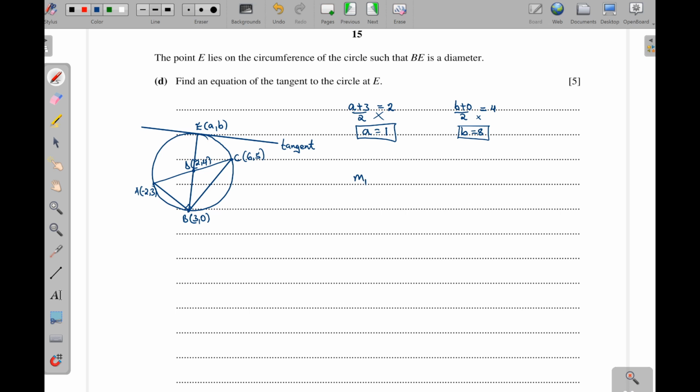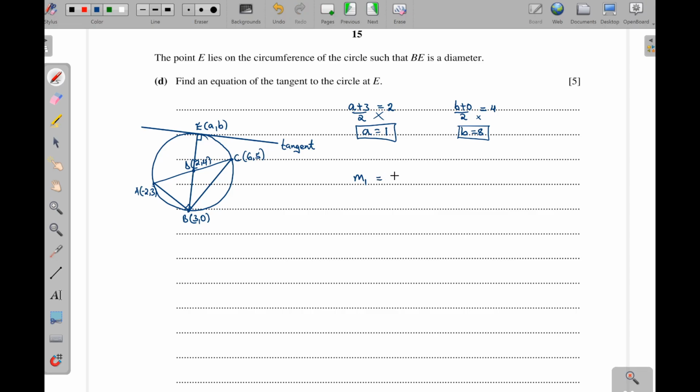You know, for the circle, the tangent is always perpendicular to the radius. So I need to find the gradient of this one here. Either you get the gradient of this diameter or the gradient of the radius. It's the same.